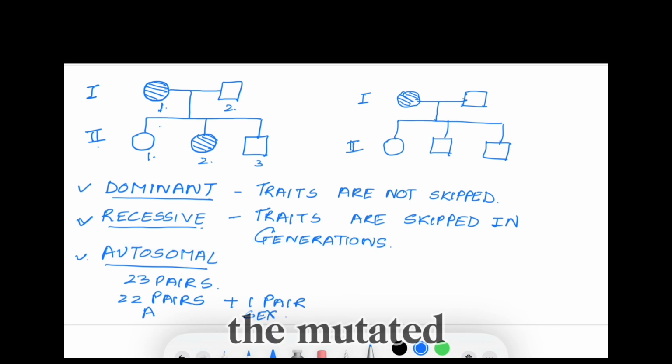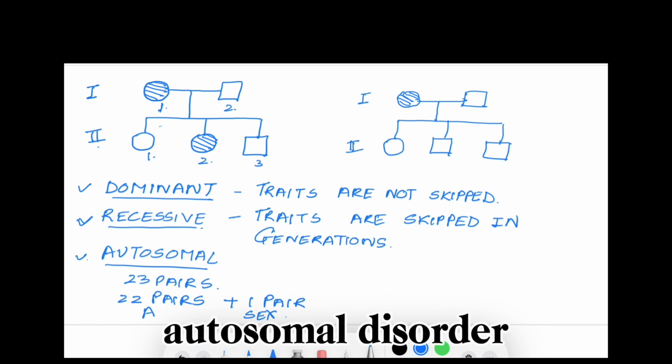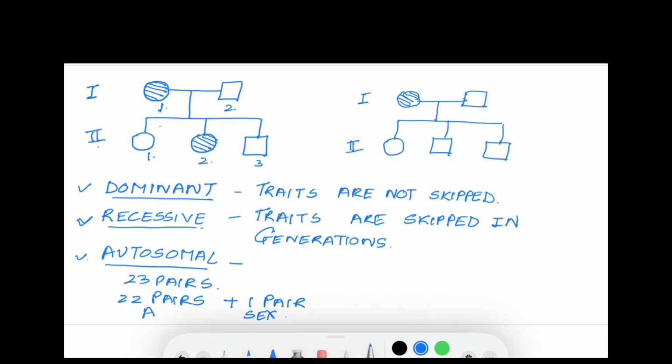So if the mutated gene is present on an autosome, it means it is not sex specific, it can be a boy or a girl, then it is an autosomal disorder. In an autosomal trait, the disorder is seen equally in males and females.